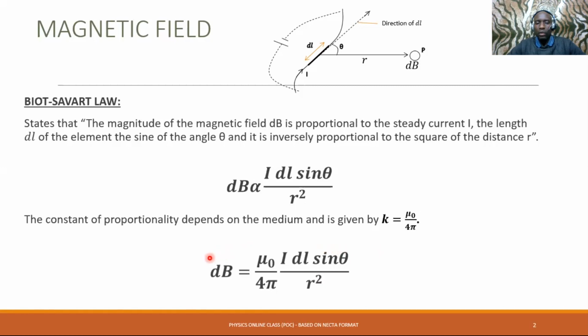The equation for Biot-Savart Law is always written in this form: dB equals mu naught over 4 pi, which is the constant, multiplied by I dl sine of theta over r square.